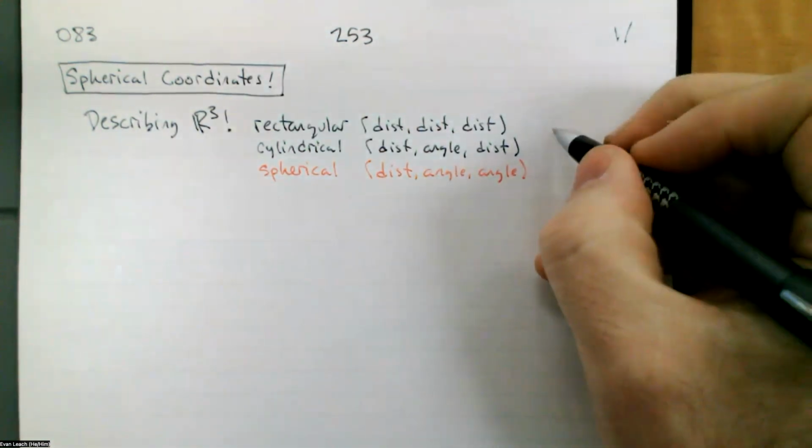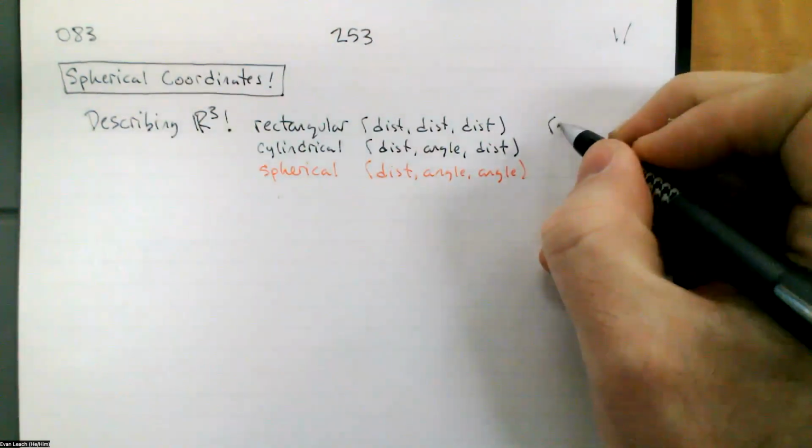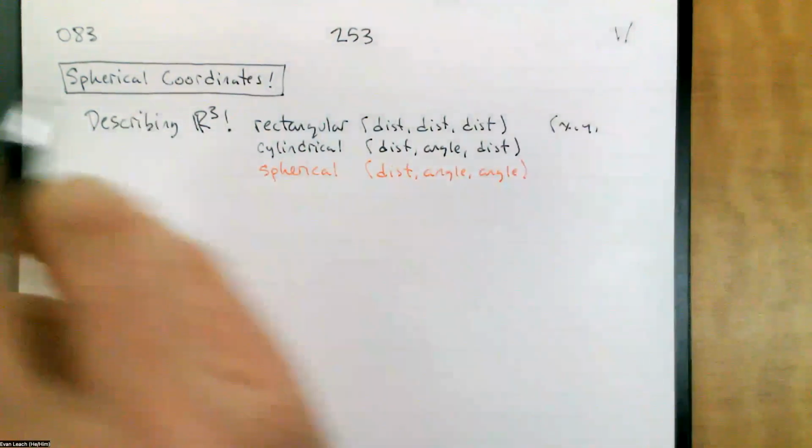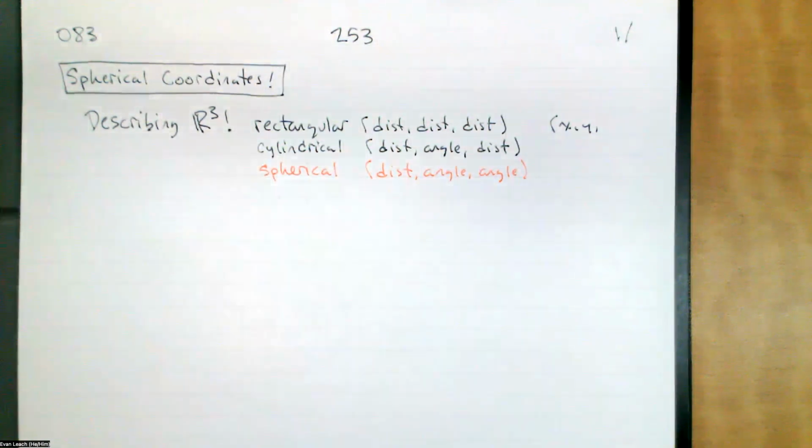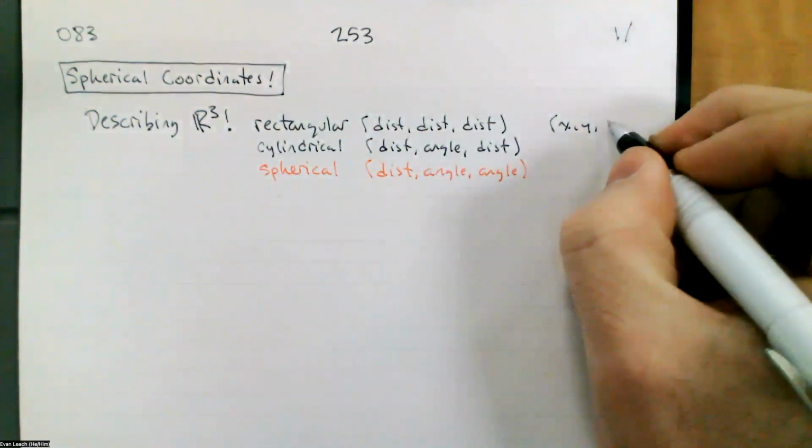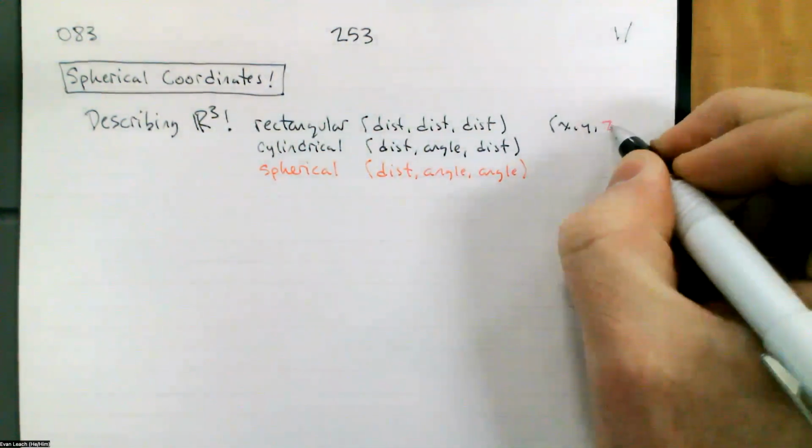For rectangular coordinates, we have X, Y, and Z. And the Z is the same in rectangular and cylindrical coordinates.